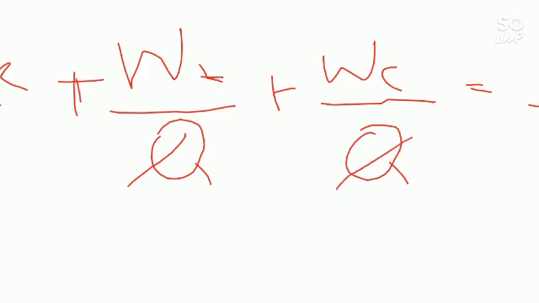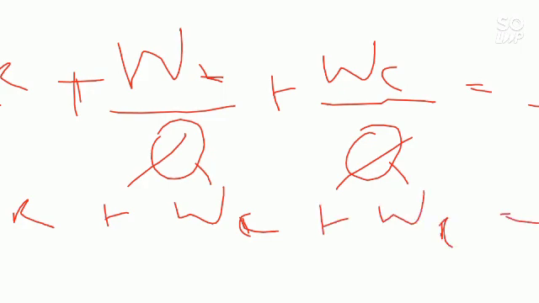These Q can be cancelled, and thus we can write WR, work done by R, plus work done by L, plus work done by C is equal to total work. And thus this law is based on the law of conservation of energy.